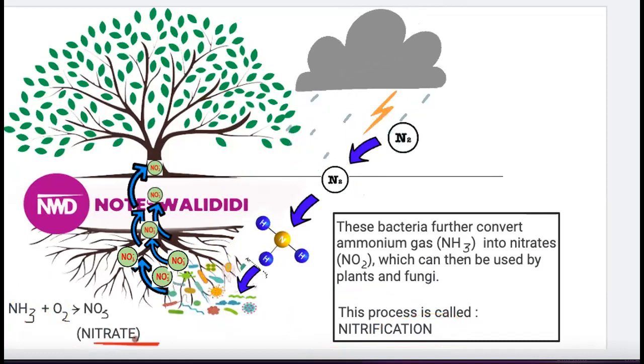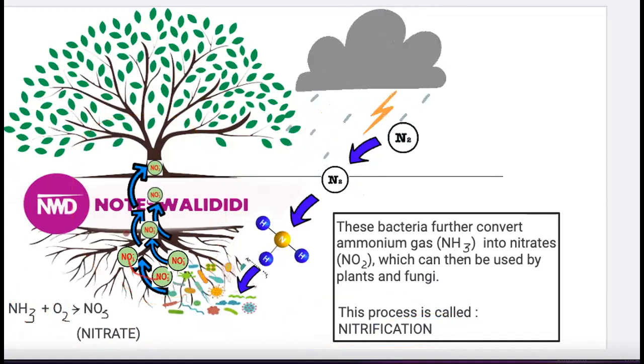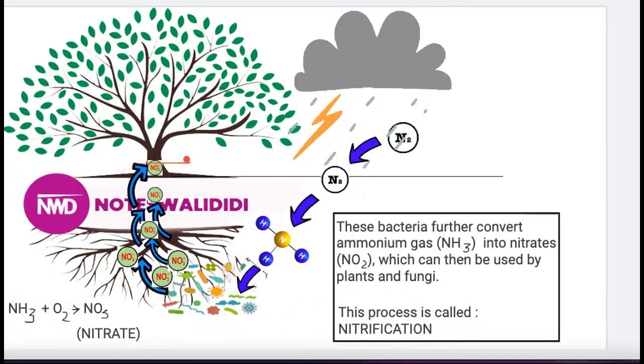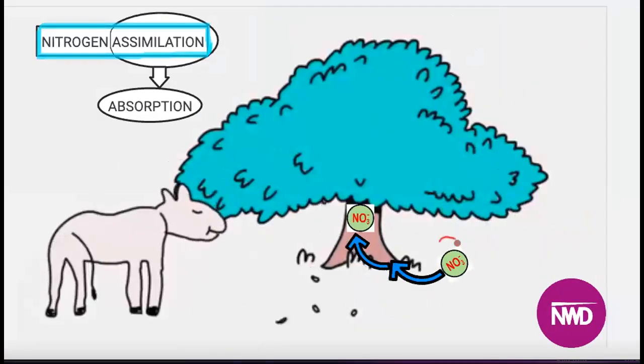Now, this nitrate is useful for the plant. Now, the plant can take this nitrogen. Plants take this nitrogen in a process called nitrogen assimilation.